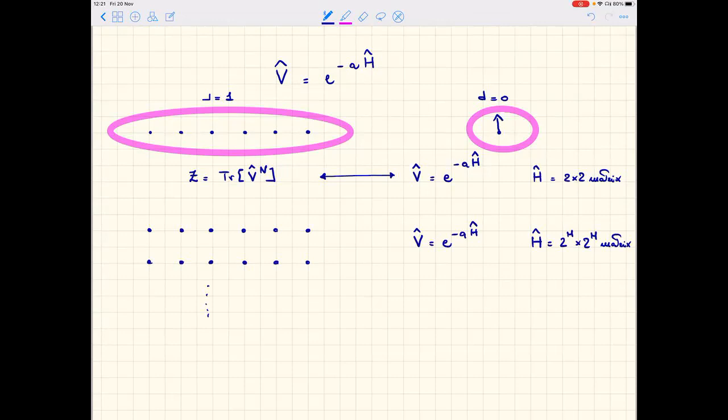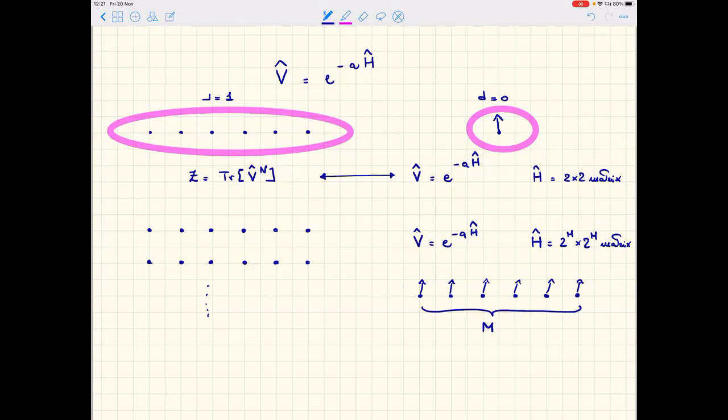Now, a 2 to the m times 2 to the m matrix in quantum mechanics is a Hamiltonian that describes actually a one-dimensional spin system, right? If I have spins in one dimension and I have m of them, the Hamiltonian is going to be 2 to the m times 2 to the m.